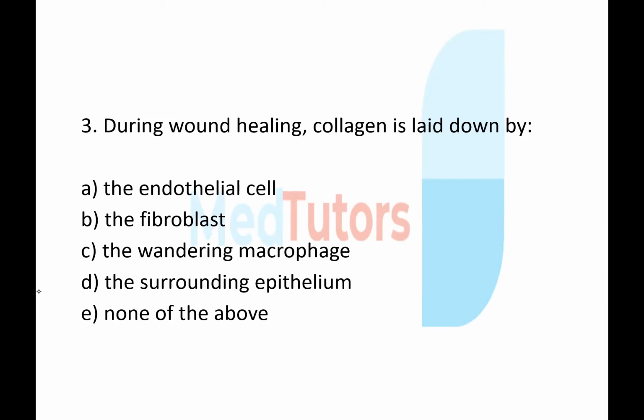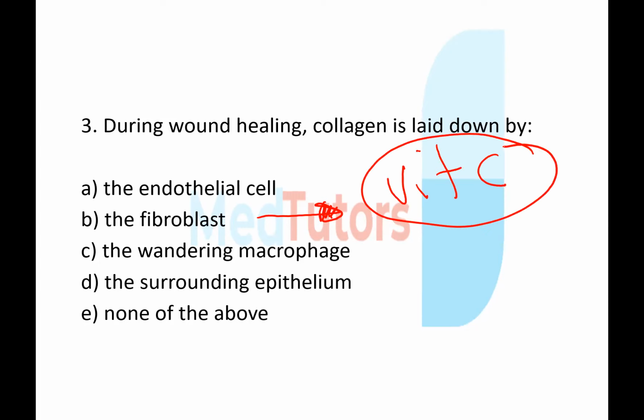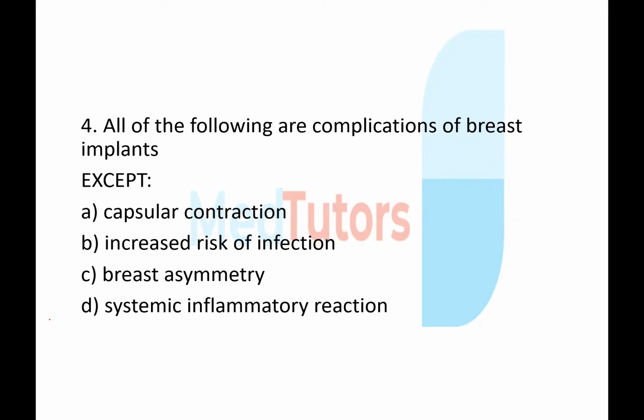We should know that during wound healing, the cell that synthesizes collagen is the fibroblast. And this fibroblast requires the presence of vitamin C for the hydroxylation and synthesis of collagen. So fibroblasts are the cells that lay down collagen.